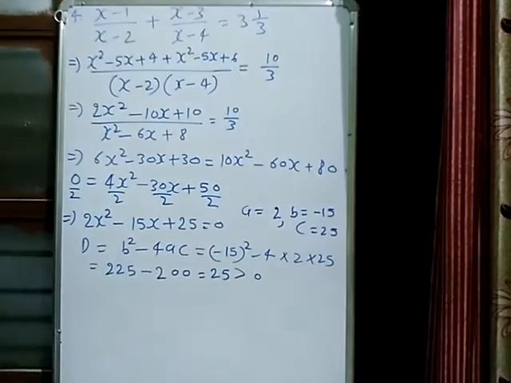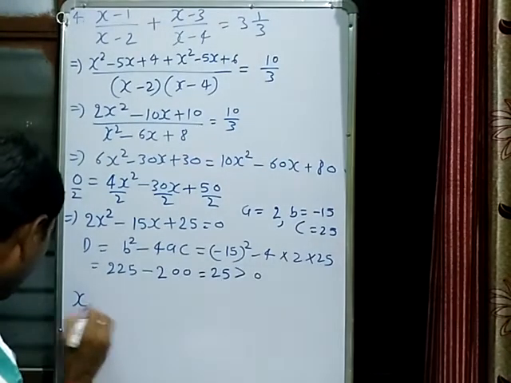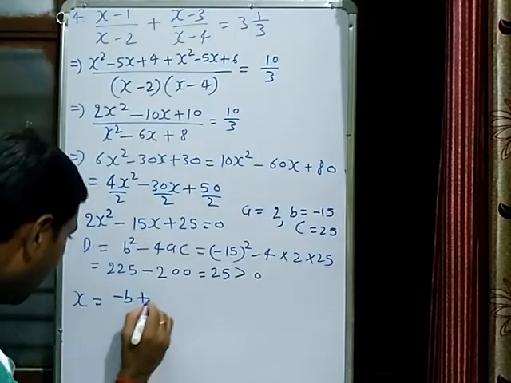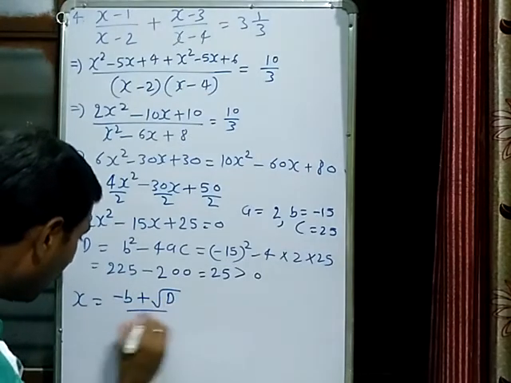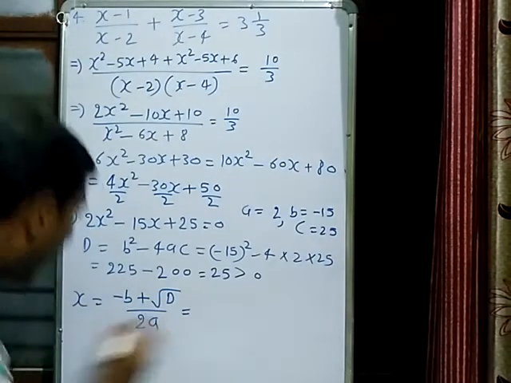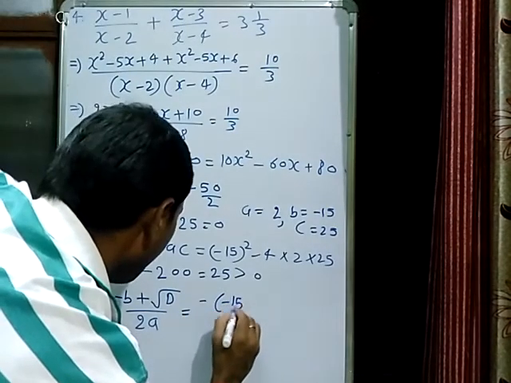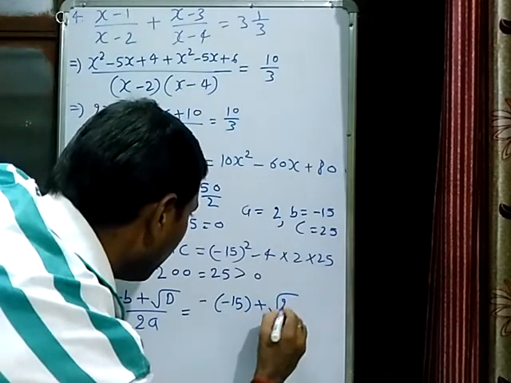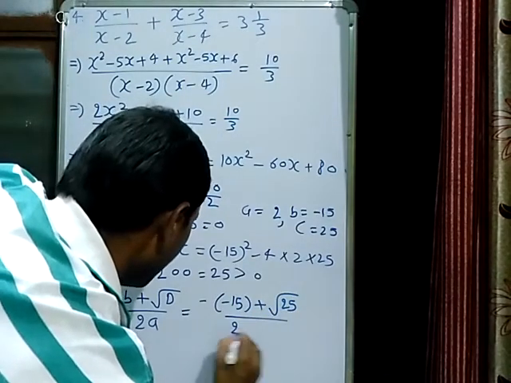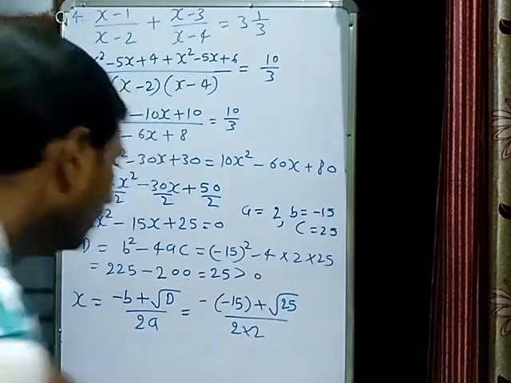Then we'll solve it. What are the roots? The first root x is equal to minus b plus root D upon twice of a. Whenever you solve, you need to write the formula. So minus of minus 15 plus root of 25 upon twice of a, that is 2 into 2.